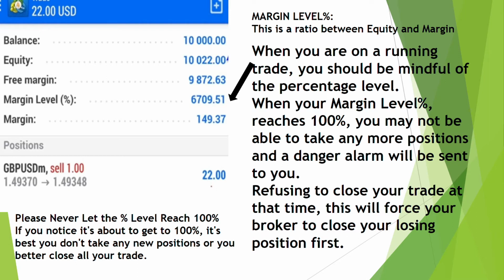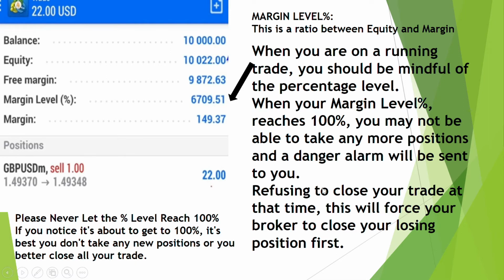That's how it is done. Your broker will close it first, even if your strategy tells you that the trade is about to go into profit. Your broker will still close it as long as it has reached margin call, and we call this the stop out level.